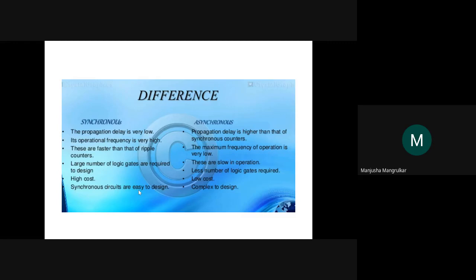Next, we will see the up and down counter as a ripple counter in asynchronous, as well as the up and down counter in synchronous. Then we'll see the mode of counter. We will design the counter according to the mode of counter.